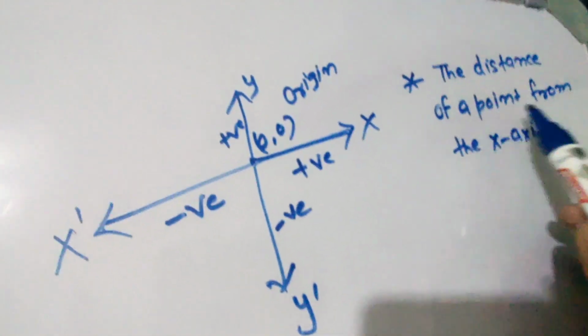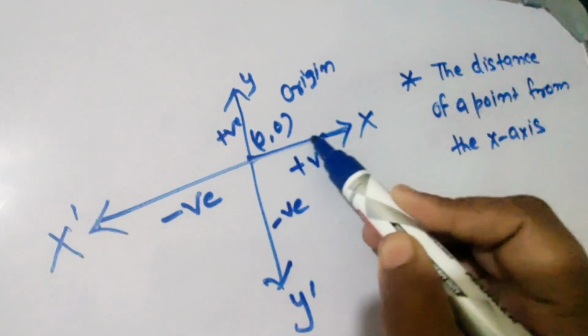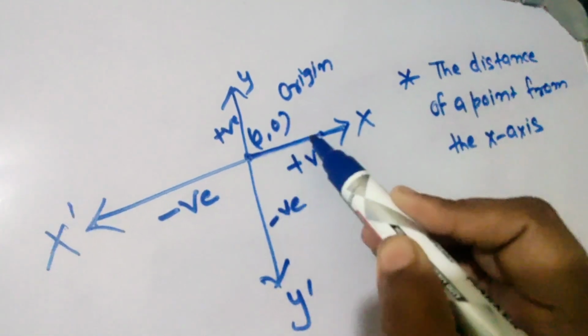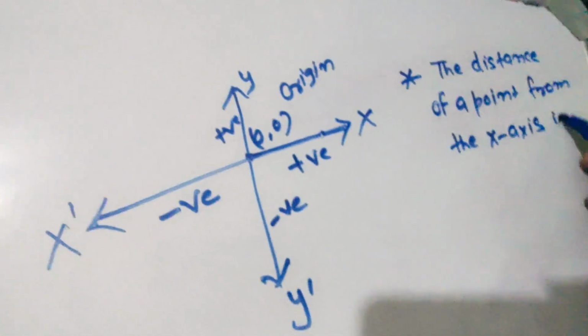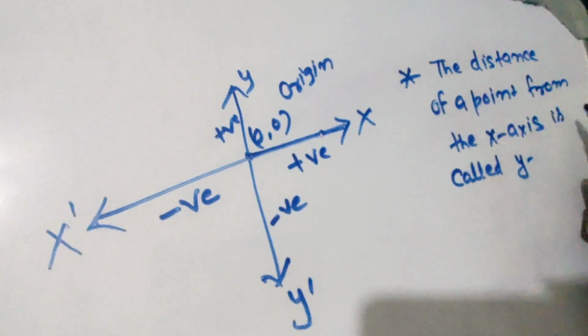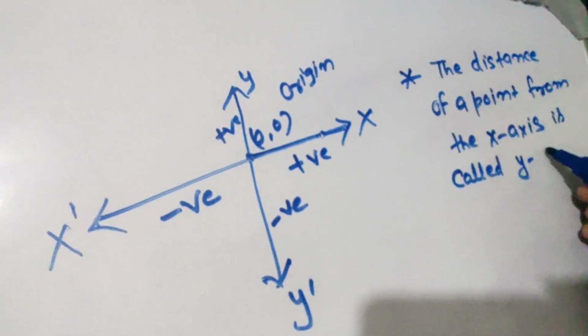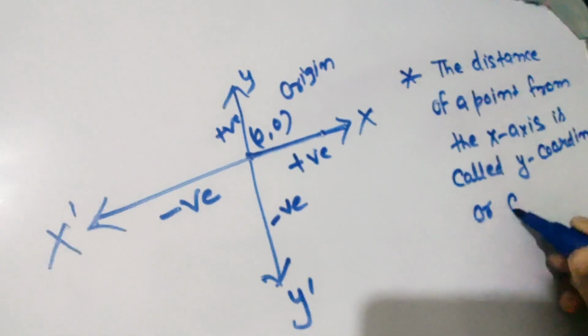This distance from the point to the x axis is called the y coordinate, or ordinate.